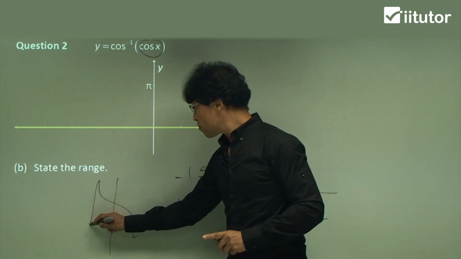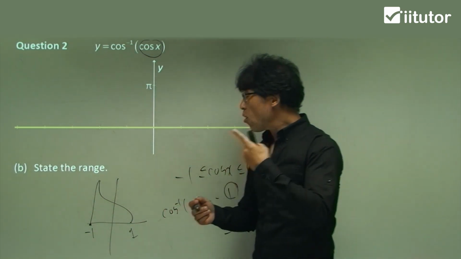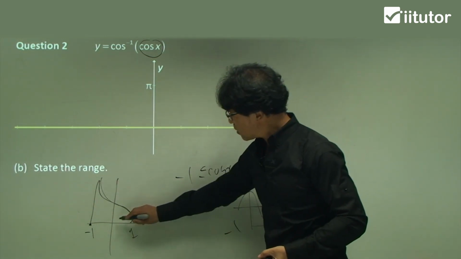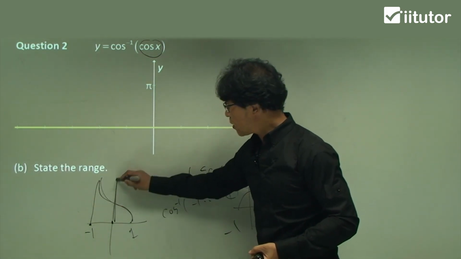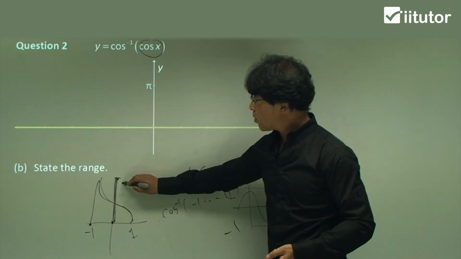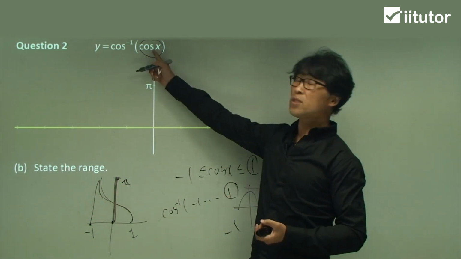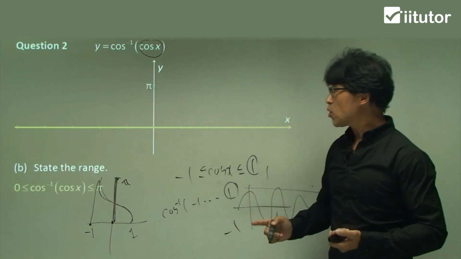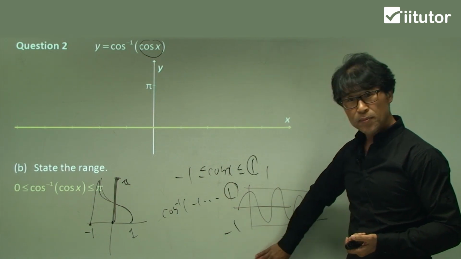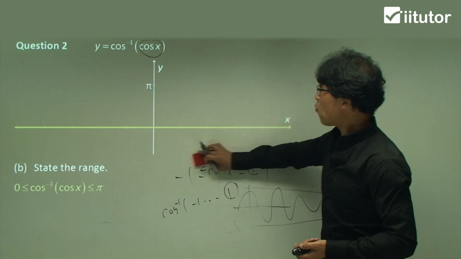And then the leftmost border is -1, which is the left end of the domain. And then what is the range for that? The graph is there. So start from here, end over here. That is the range of the inverse cos function. What is the top value? It will be pi. So the range of the whole inverse cos function will be in between 0 to pi, as I stated over there. Does it make sense? Yeah. Now, we are ready.